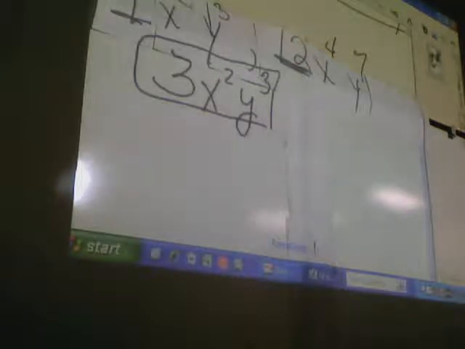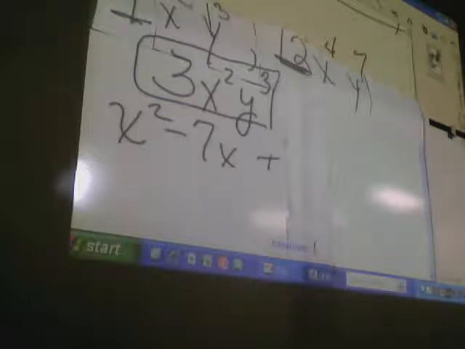Okay, number 2 wants you to factor completely. It says x squared minus 7x plus 10. First of all, you're going to find all the ways to get 10, which would be 1 times 10 or 2 times 5.